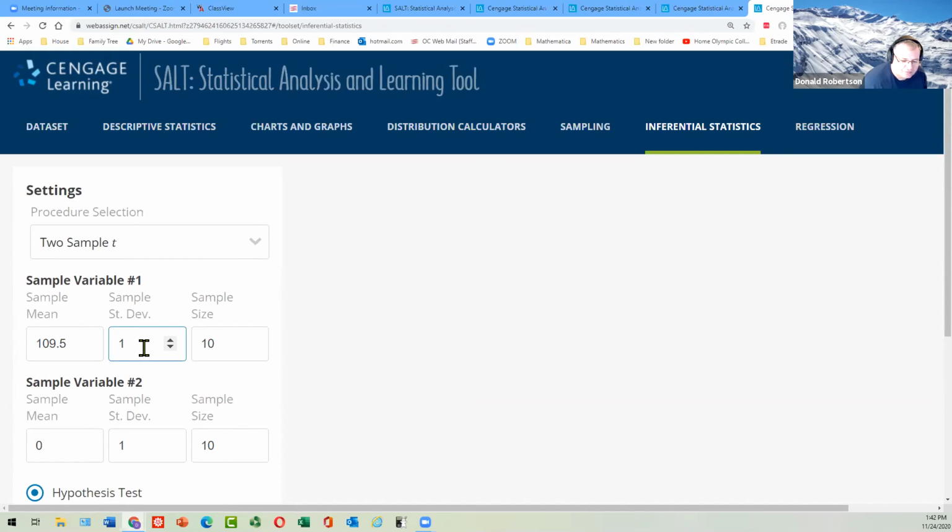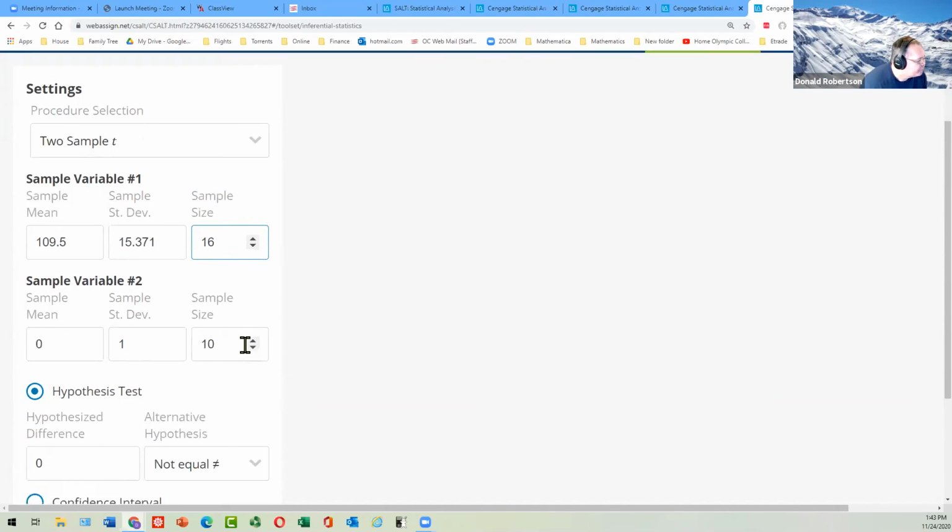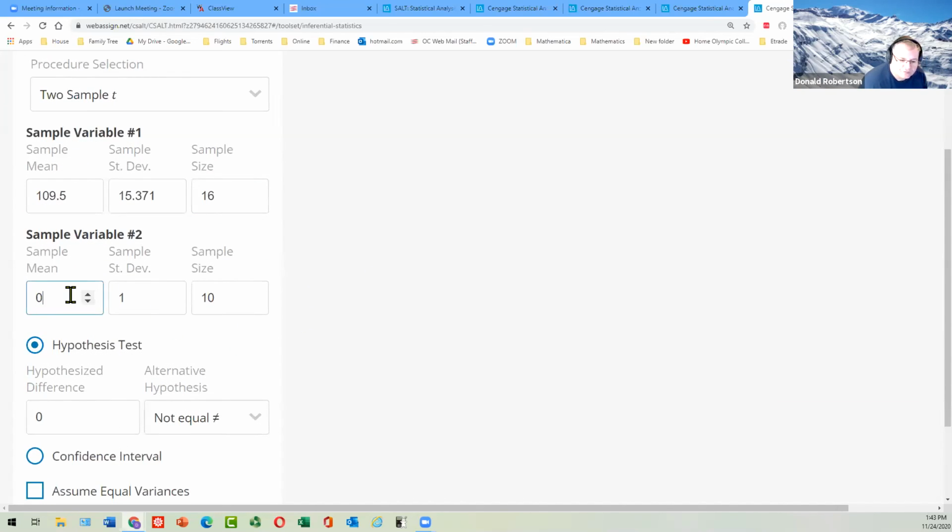The standard deviation for that group was 15.371 to be exact. And in that group, there were 16 communities that they looked into. And in the other group, the over 50s, they had a mean of 98.7143. They have a standard deviation that we found was 11.4383. And the sample size was 14.